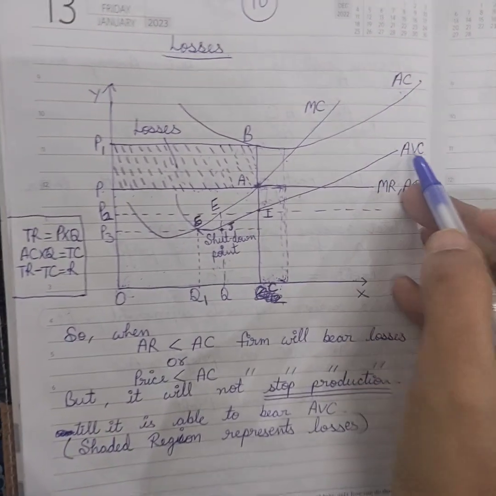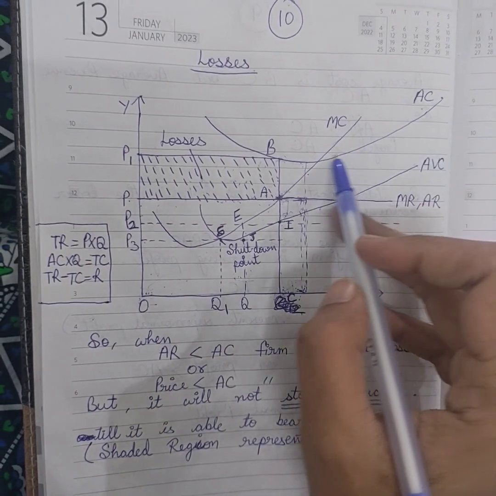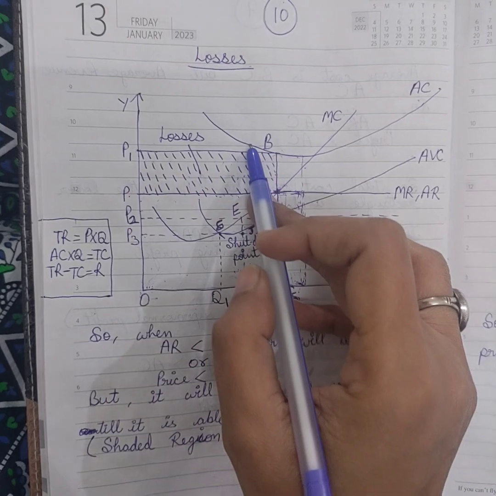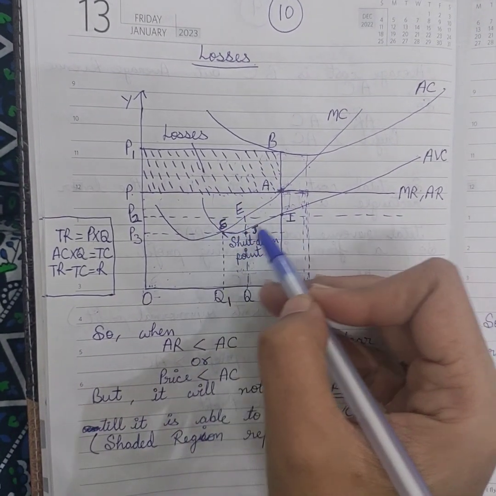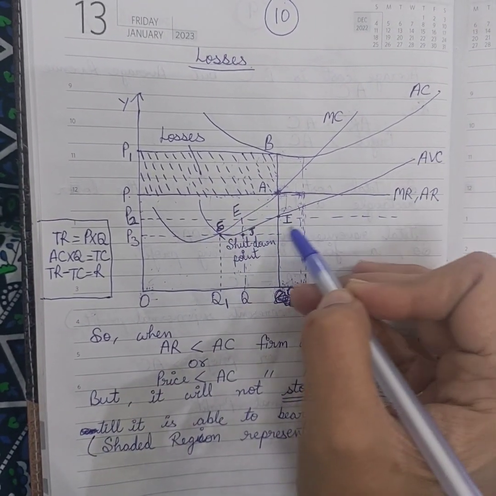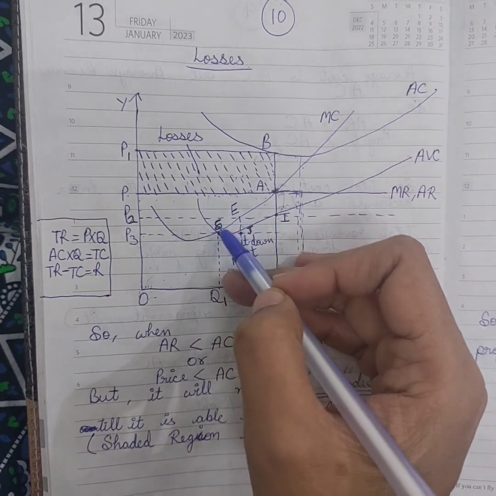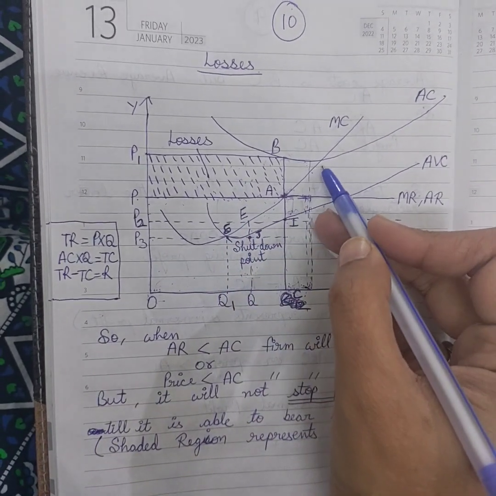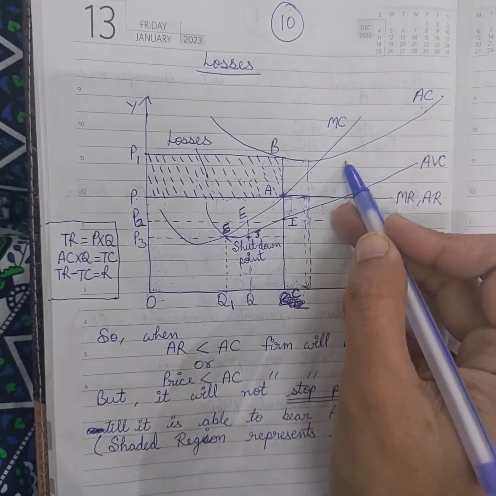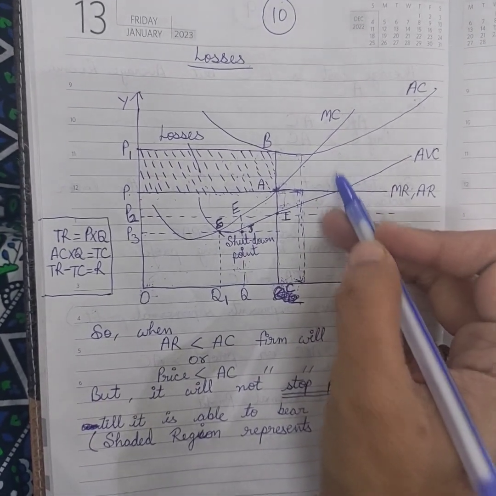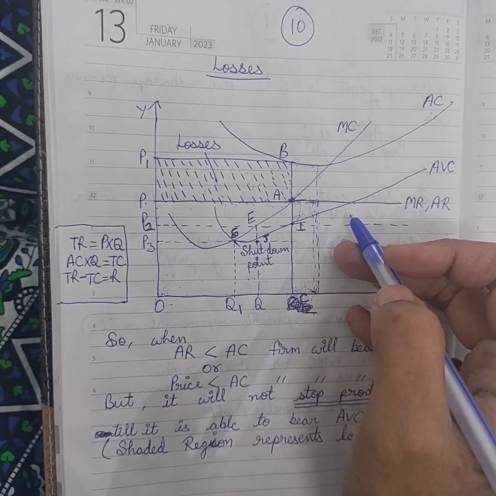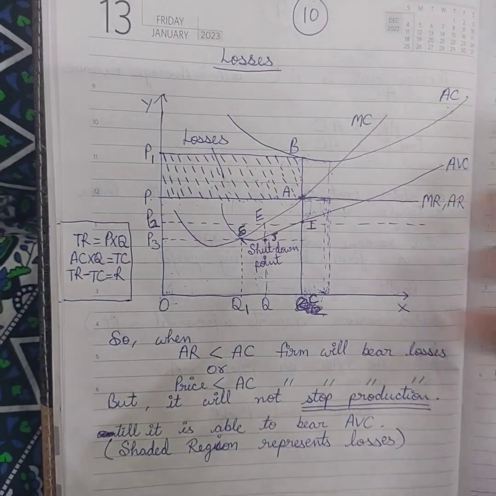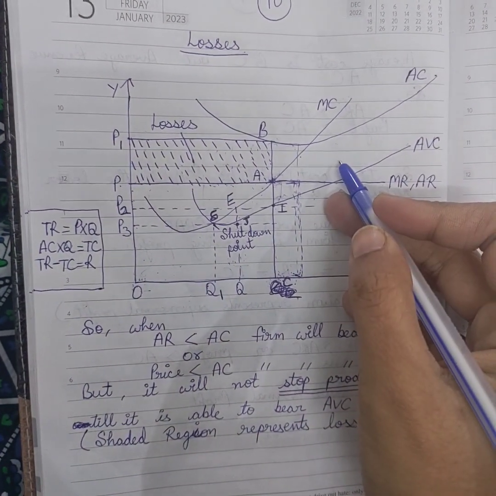Understood? Now let's assume this is our AC curve, and this is our average variable cost curve. And the distance between average cost and average variable cost is average fixed cost.